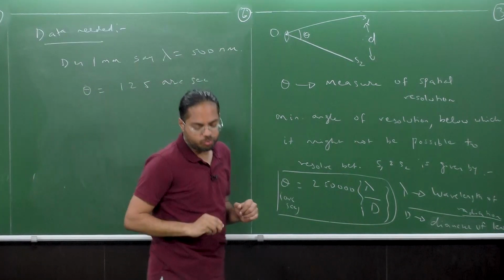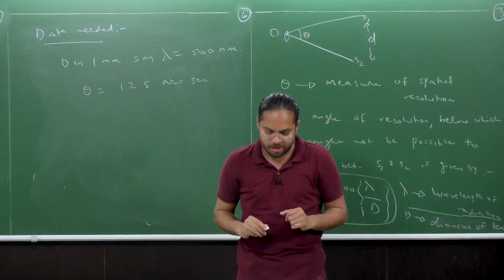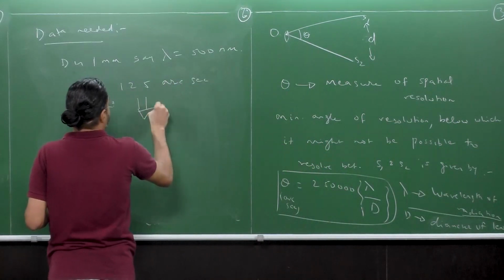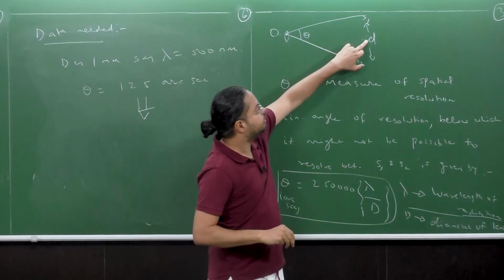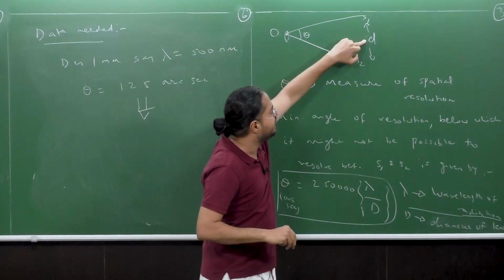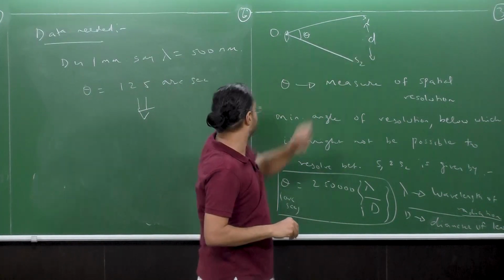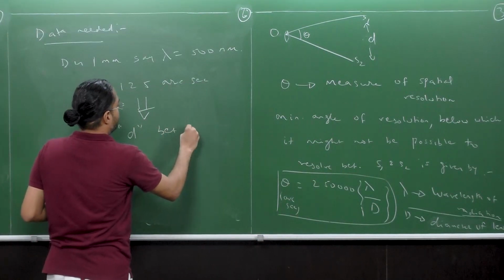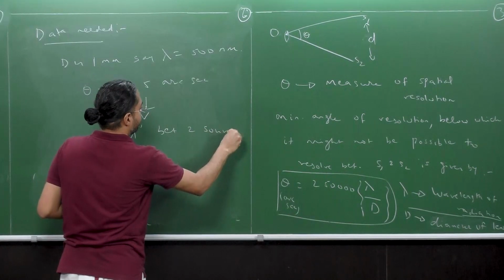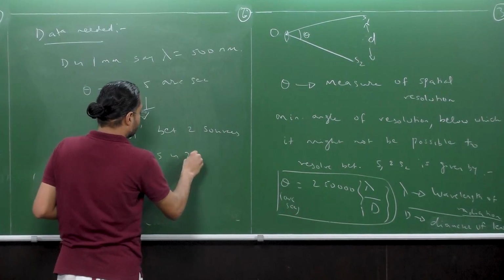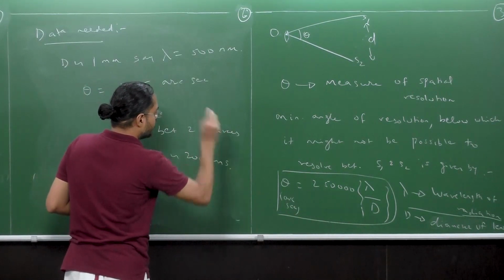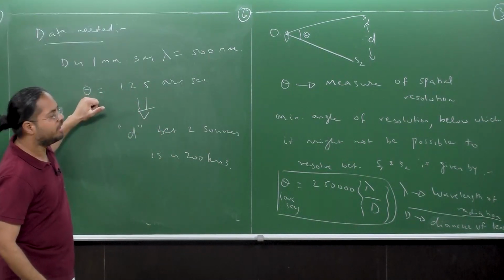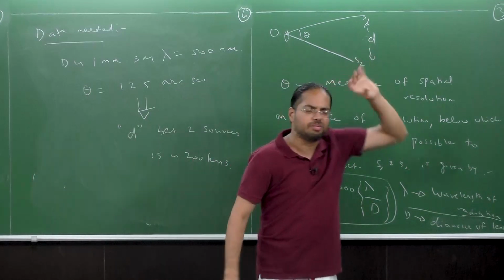Okay. So this 125 arcsec implies that the small distance d between two sources is roughly around 200 kilometers. Okay. So once you get this angle, right, the small d you can obtain using some trigonometry.